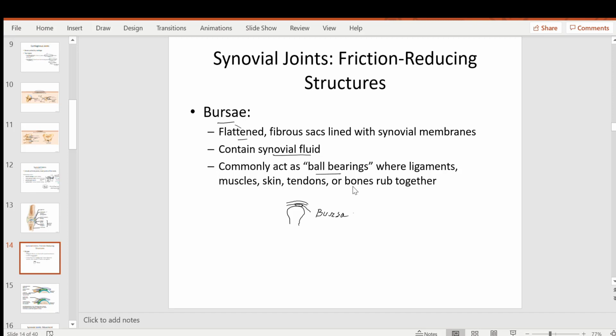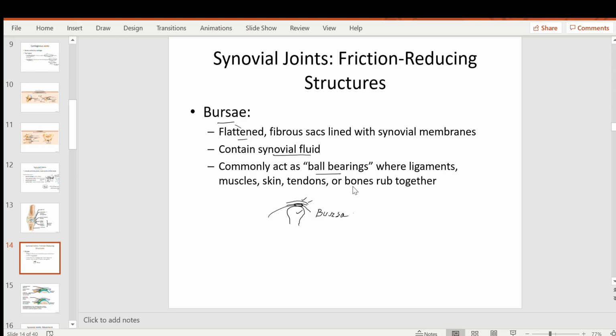So between the bone and ligament or tendon or muscle we have the skin, we have the bursa, and they act as ball bearings. When you move the bone or the muscle or ligament, the bursa will roll. That will reduce the friction and increase the mobility.